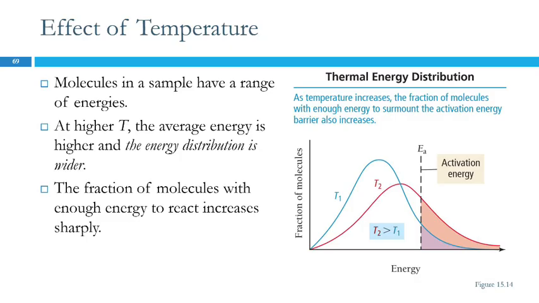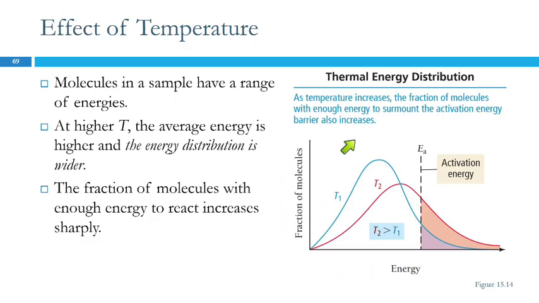So if you have a sample of molecules, there's going to be a range of energy, right? The temperature is the average kinetic energy. At a higher temperature, the average energy is going to be higher. At a lower temperature, the average energy is going to be lower. But what also happens is the distribution changes. So here is the fraction of the molecules with this amount of energy.